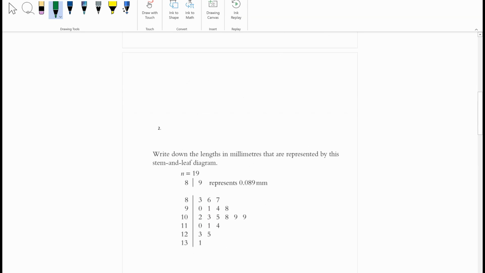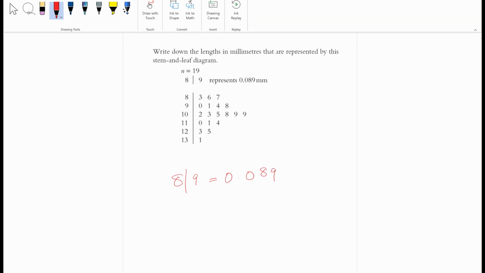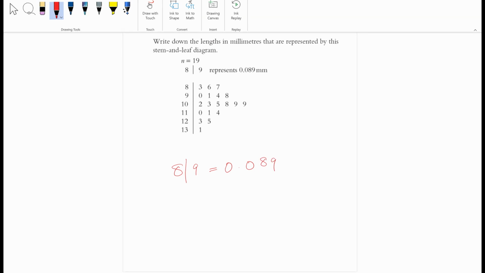So moving to the next question. Again, check the key first. According to the key, 89 represents 0.089. So if you understand this pattern, then the first value 83 will be 0.083.